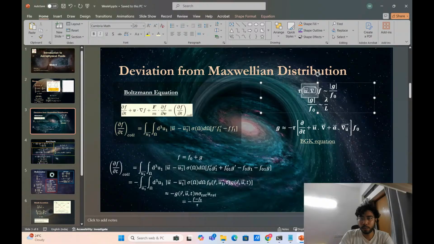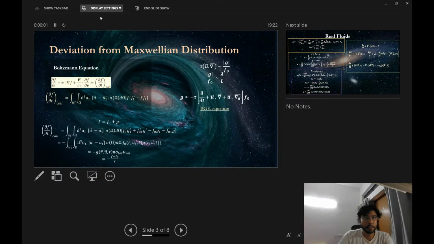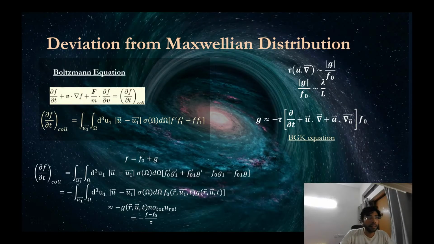So if you look at this term, tau u dot del equals g by f naught. If you take f naught to the other side, this will become this. So now this expression is correct.